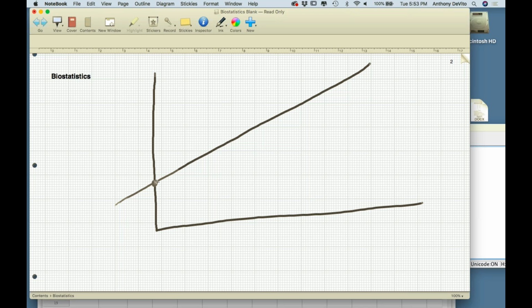Okay, let me just draw this another way. I'm going to say that this value is 5, and the slope of this line, m, is equal to 2. So with those two things, knowing the slope of the line and one point that it passes through, we can draw that line. We know that line perfectly, right? That tells us that this line is y is equal to 2x plus 5.